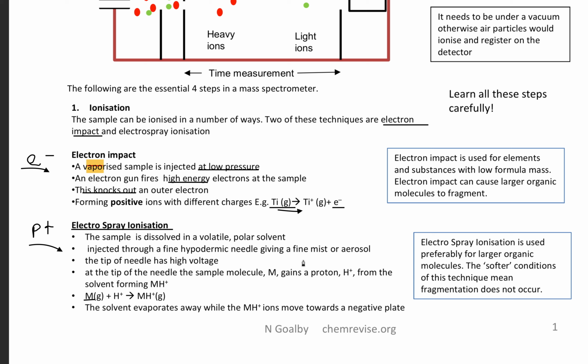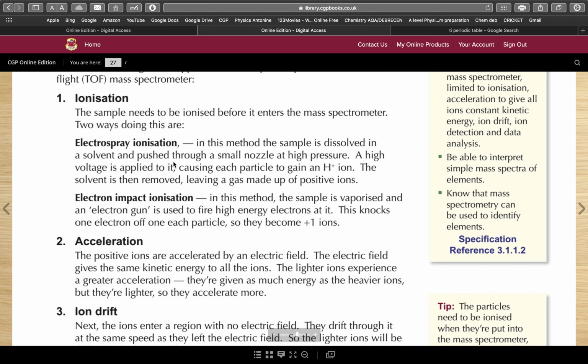It makes sense why it's at high pressure, because it's pushed through a small nozzle, therefore multiple particles are trying to go through that small nozzle, therefore there's high pressure. A high voltage is applied to it, causing each particle to gain a hydrogen ion. The solvent is then removed, leaving a gas made of positive ions.